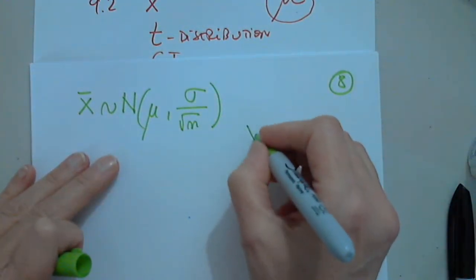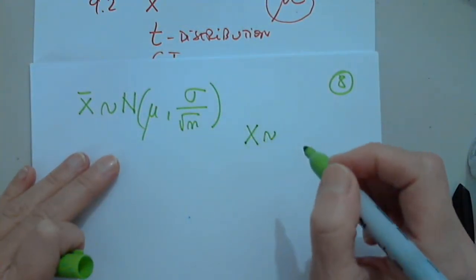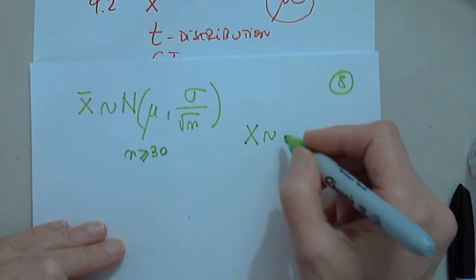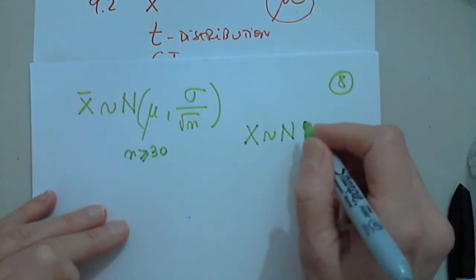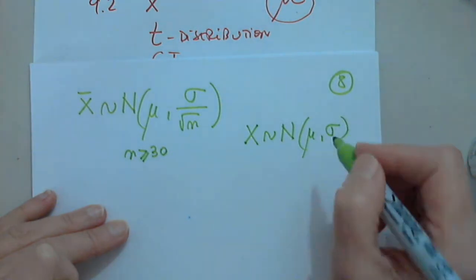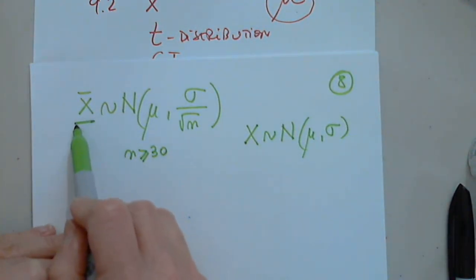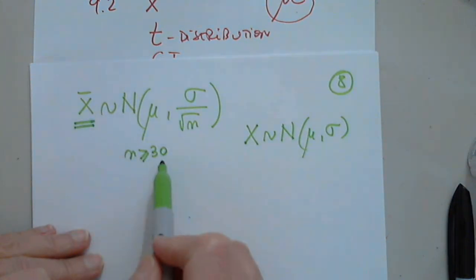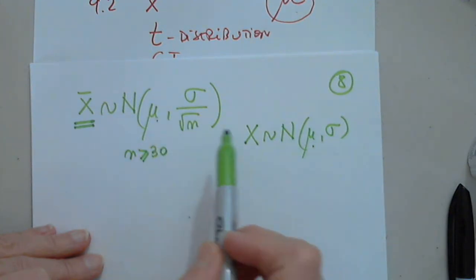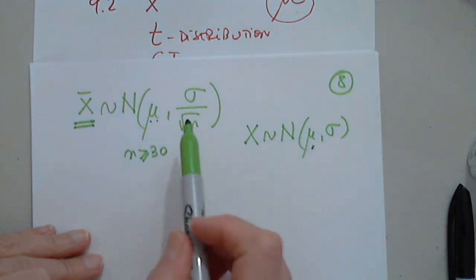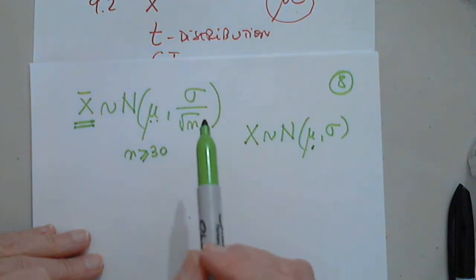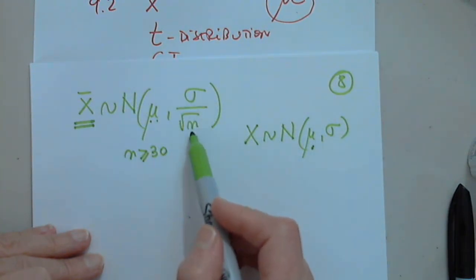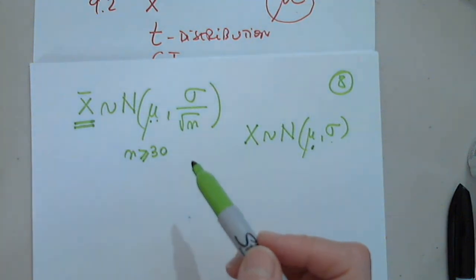So if we have a distribution x that is normal or approximately normal, or the sample size is greater than or equal to 30, with mean mu and standard deviation sigma, then the sampling distribution of the mean is normal, with the same mean as the population mean, and a much smaller standard deviation, sigma divided by the square root of n. Of course, sigma is much bigger than sigma over the square root of n. Okay.